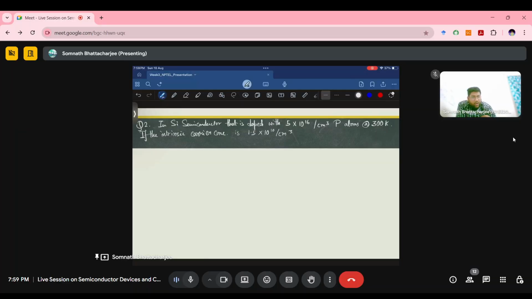In general, the value of Ni ranges between 1 into 10 to the power 10 to 1.5 into 10 to the power 10. If a problem doesn't mention the value, you can write it as 10 to the power 10 or 1.5 into 10 to the power 10 as well. So let's say, find the electron concentration.